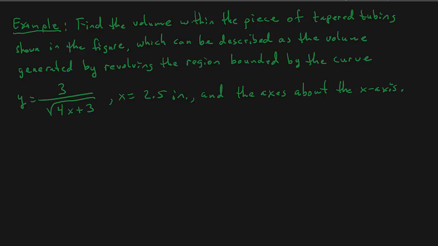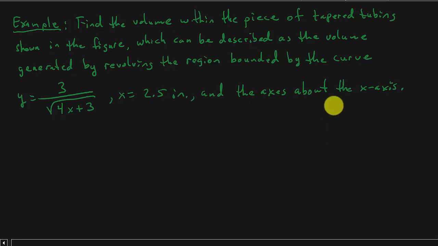Which can be described as the volume generated by revolving the region bounded by the curve y equals 3 over square root of 4x plus 3, x equals 2.5 inches, and the axes, about the x-axis.